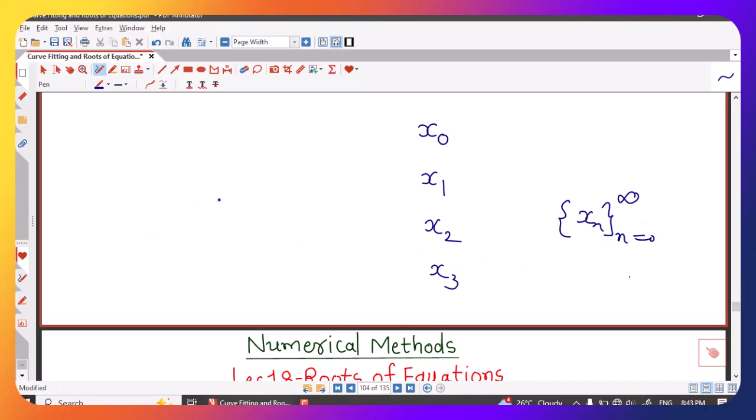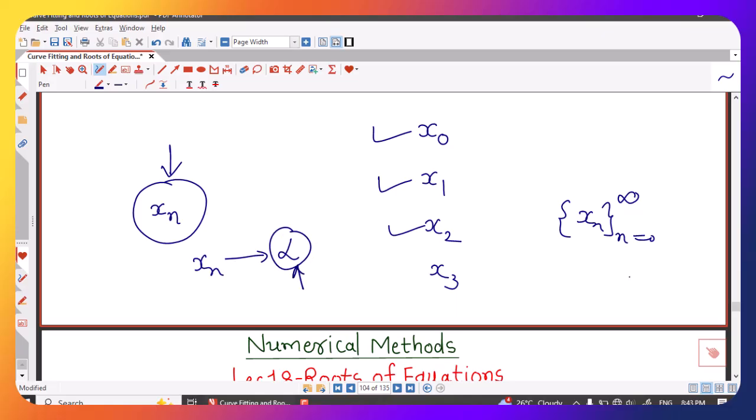So we know that in an iterative method we start with some initial approximation, and then in each iteration we obtain the next approximation to the root. In all these methods we are interested in the sequence of approximations which converge to the actual root, say alpha.